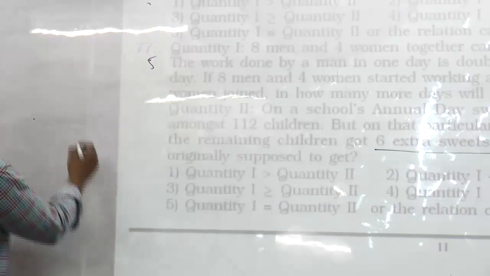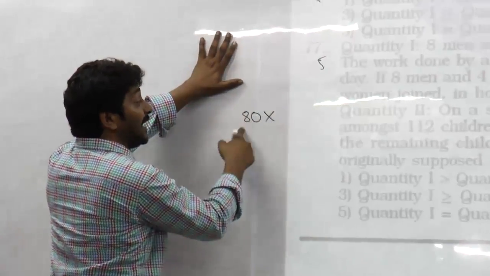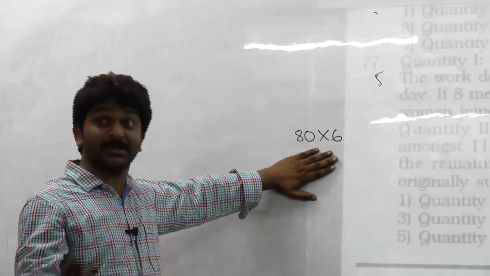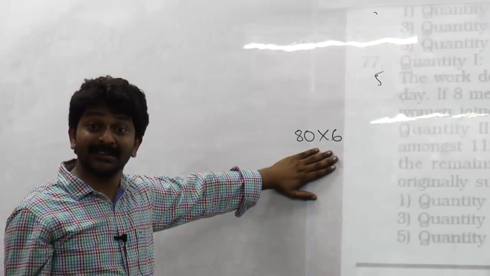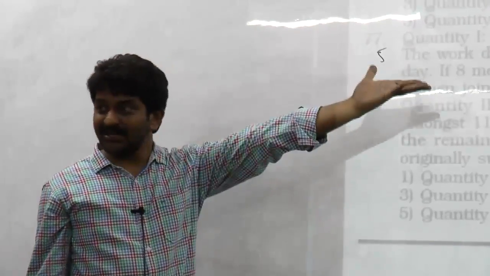80 children. So the number of extra sweets distributed among the group becomes 80 into 6. These were the actual sweets to be distributed for how many students? Whose sweets are these? Those of the absent ones, right?